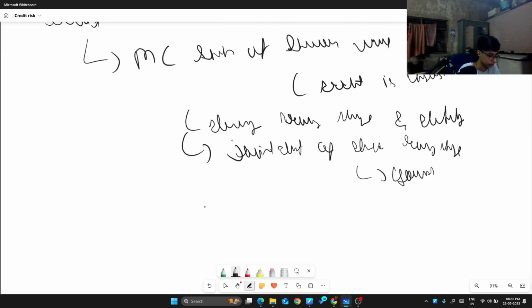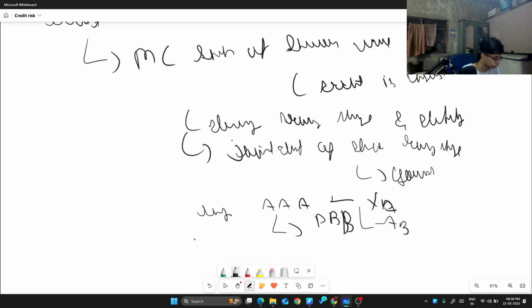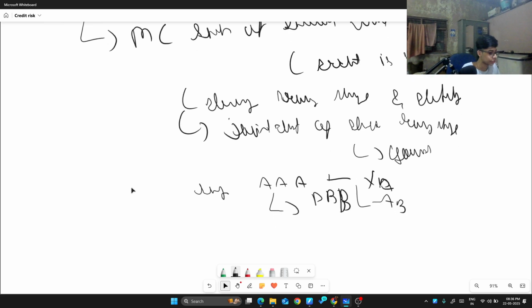So let's say, since we know that a company A changed into a BBB company, its rating dropped from AA to triple B, and our change in variable is XA to XB. Then, since we know there is a table given, you can see the transition matrix table.